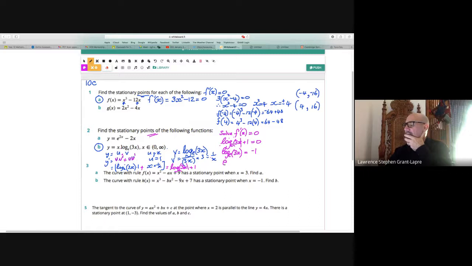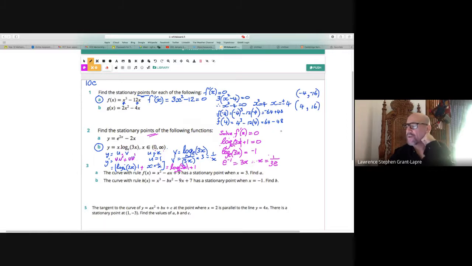So e to the power of negative 1 equals 3x. Therefore, x equals 1 over, take the 3, and e to the negative 1 is 1 over e. Okay, so x is 1 over 3e. It's between 0 and infinity. That's fine.